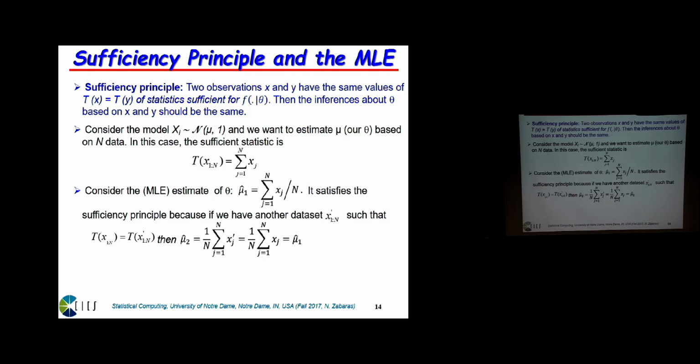And here is a proof, for a simple case. Let's say we have samples from a Gaussian, and to make things simple, we take the variance to be known, equal to 1. So the only sufficient statistic is the sum of the xj's.